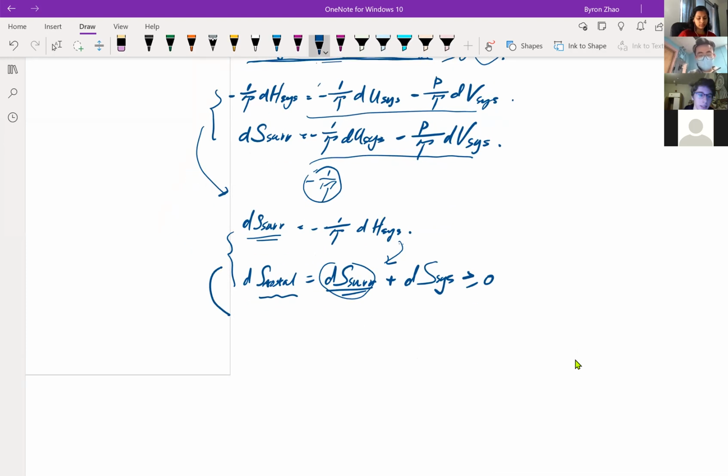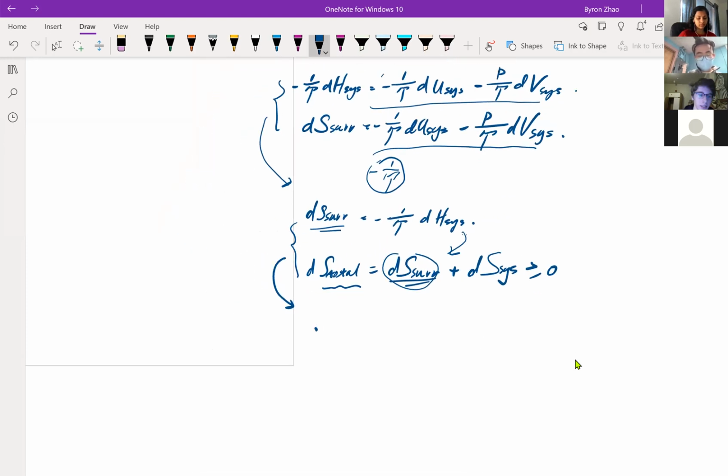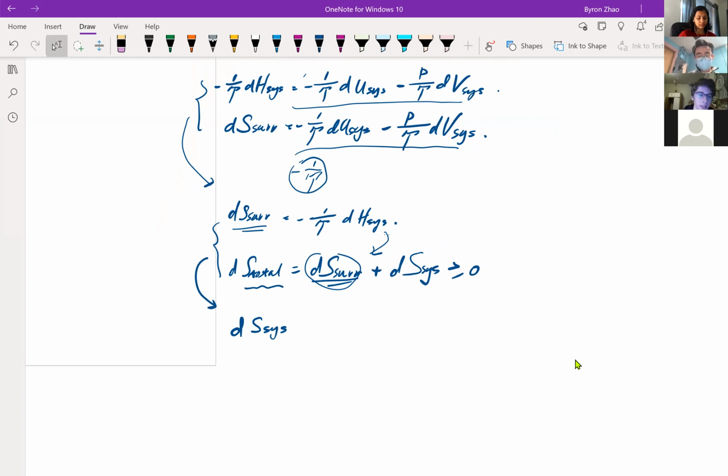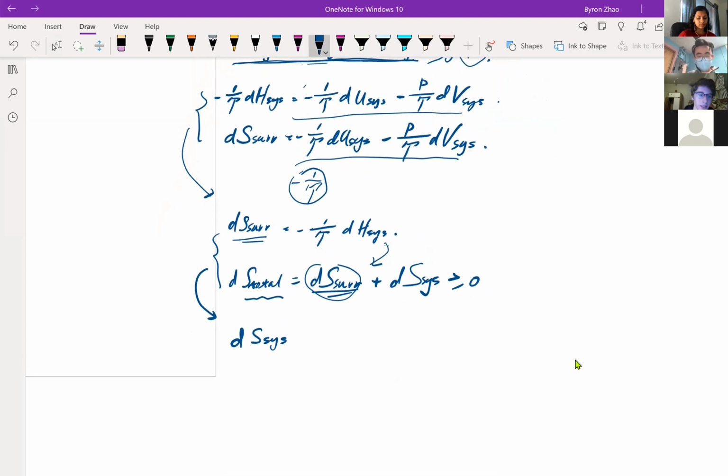With these two equations, what you get is dS system minus 1 over T dH system must be greater than or equal to 0 when it is a spontaneous change, because of course you can write it as total equal to this, but we are just ignoring that term right now.